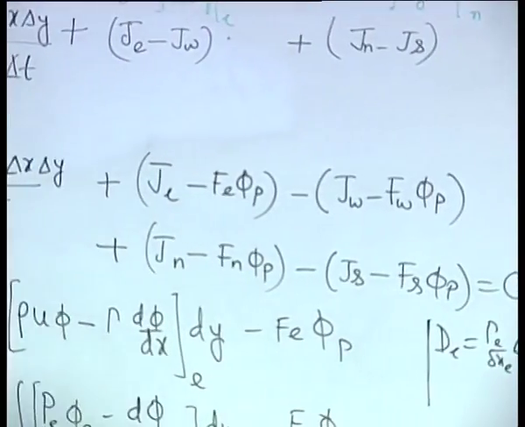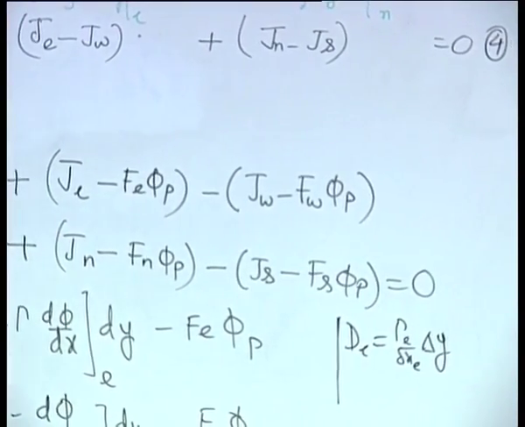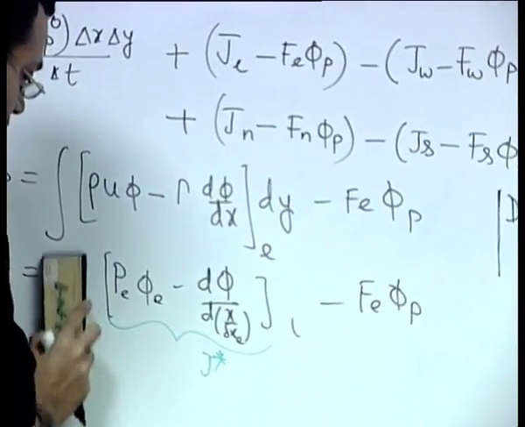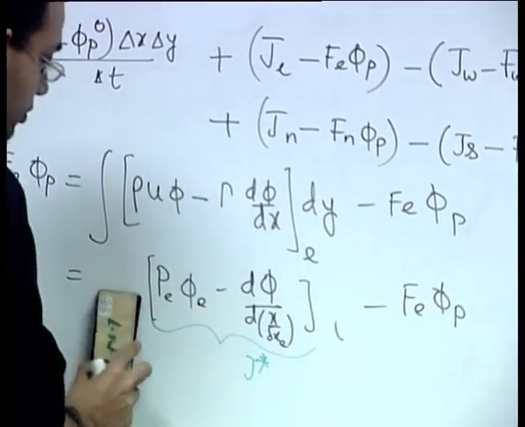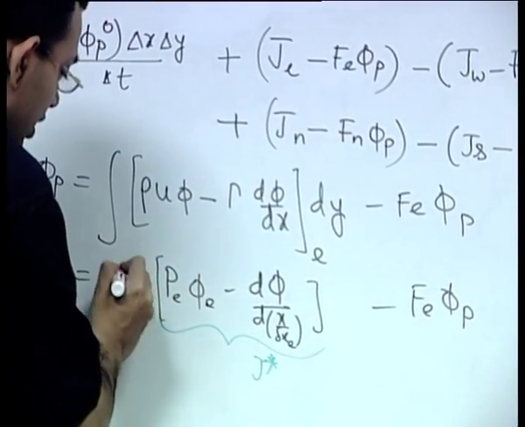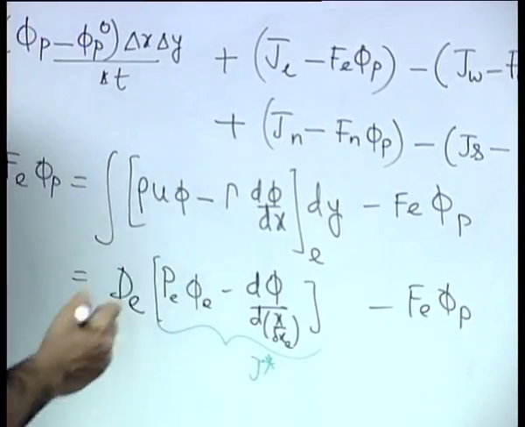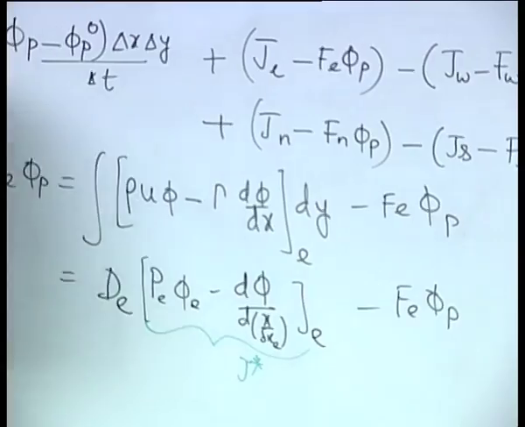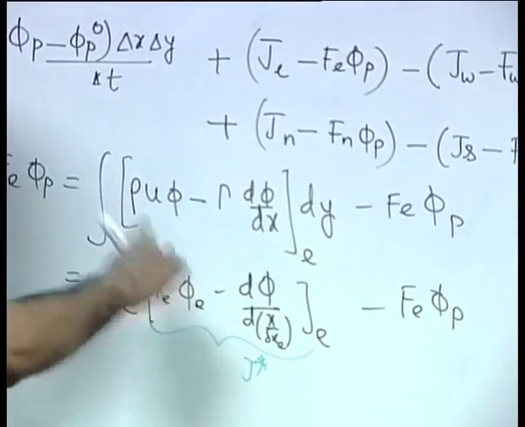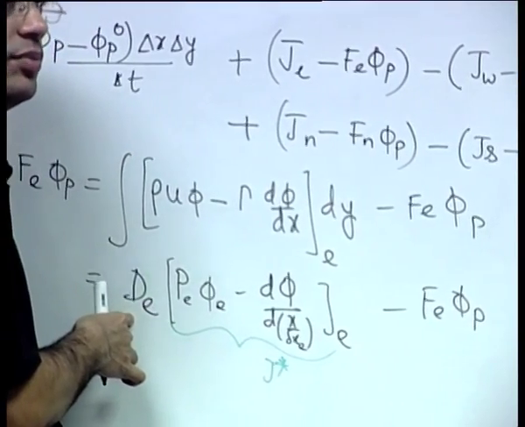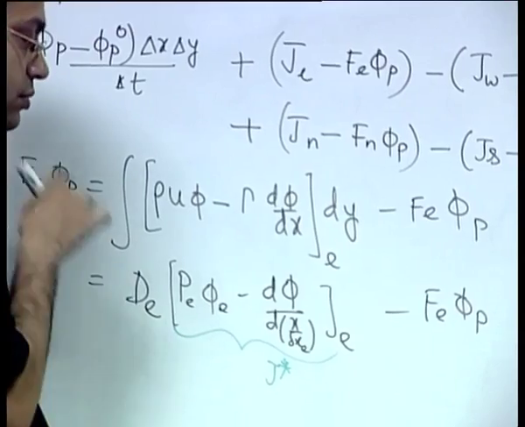So we can write this as dE into J star at e. That integral of dy, that is delta y, has been accommodated in this dE term.